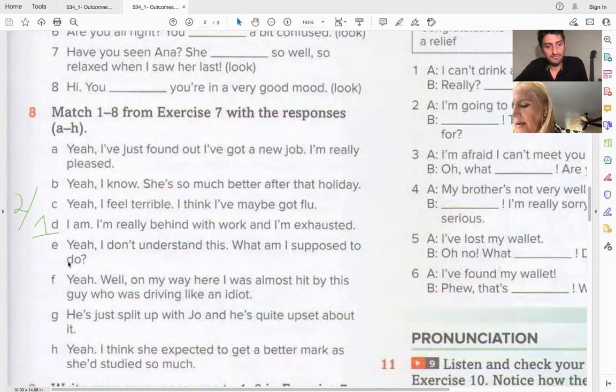Yeah. Well, on my way here, I was almost hit by this guy who was driving like an idiot. That's good, yeah, because your face is okay. No color, yes. F, okay.